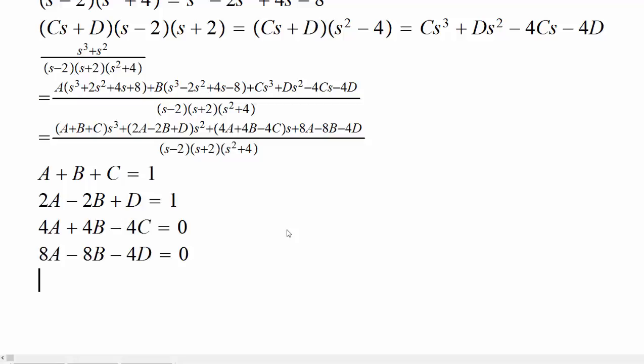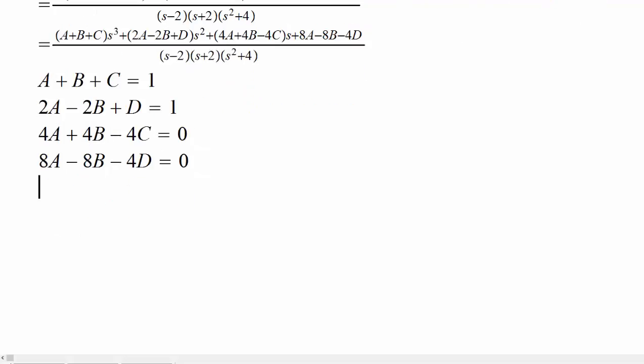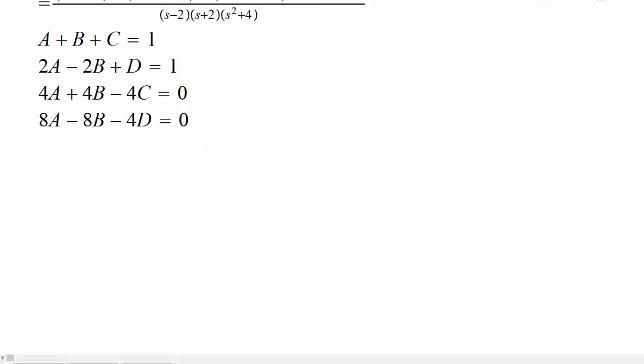Now we will use the method of augmented matrices instead of doing it by elimination. So let's form an augmented matrix for this system.